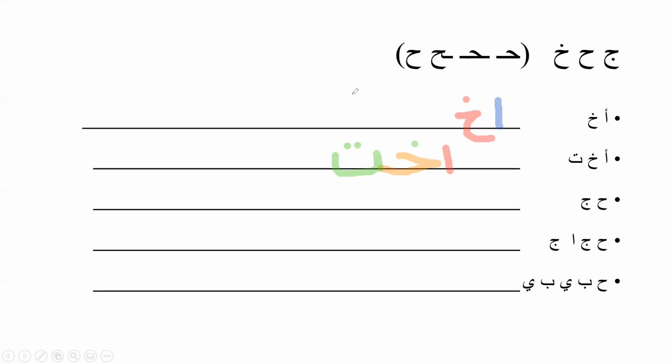And then Hajj, Ha Jim, means pilgrimage. Ha, Jim. Hajj. And from the same root, Ha Jim, Alif Jim, Hujjaj. Here it is.